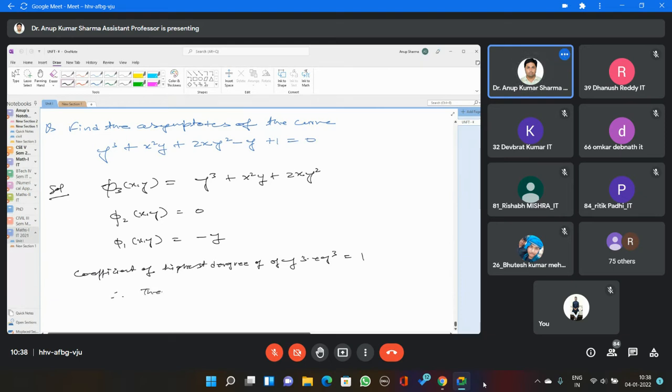Therefore, there is no asymptote parallel to the y-axis. Okay.